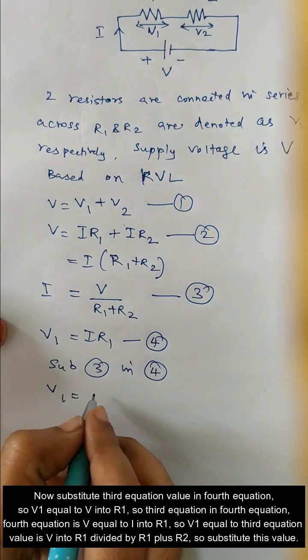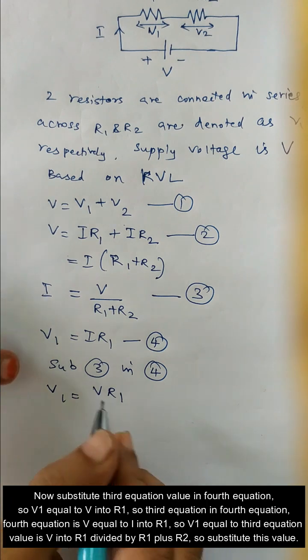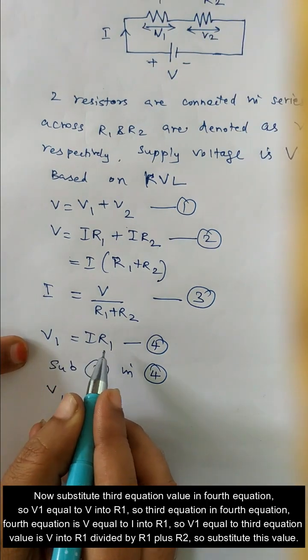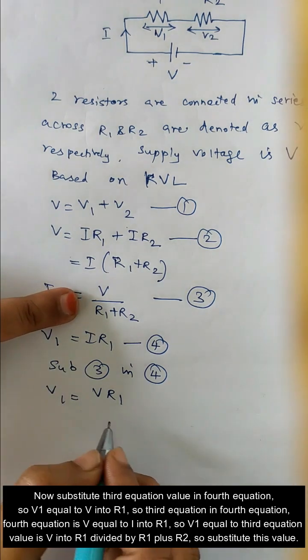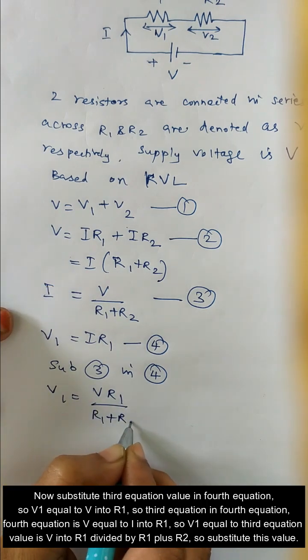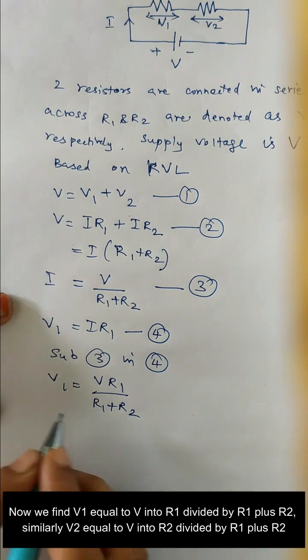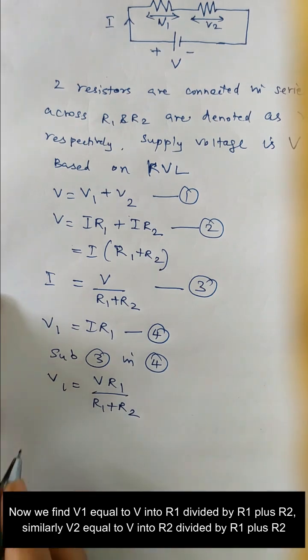So V1 equal to I into R1, and I equal to V divided by R1 plus R2. So V1 equal to V into R1 divided by R1 plus R2.